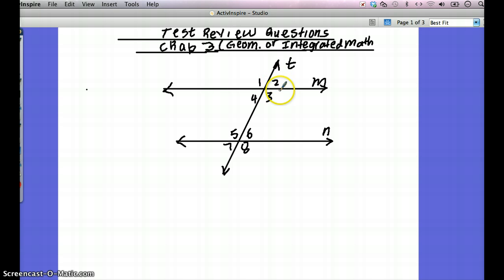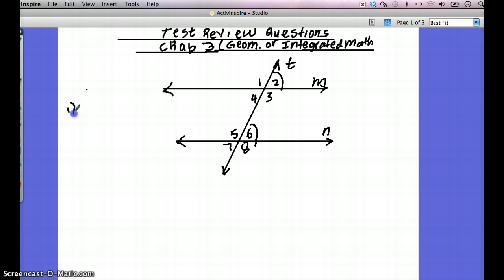One converse says, if two lines are cut by a transversal such that corresponding angles are congruent, so if angles 2 and 6 are congruent, then the lines are parallel. That's called the corresponding angles converse.